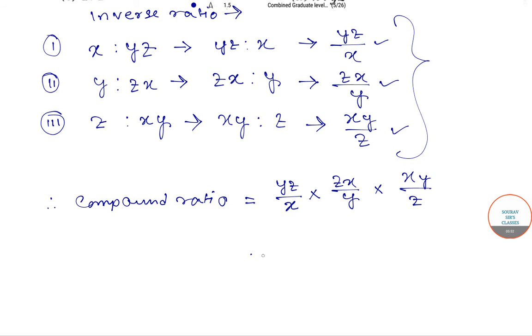Before solving it, there are many things we can cancel, and this is a lot easier. We can cancel this Y and here Z. So we can get XYZ by 1, and from this we can write it as XYZ to 1.